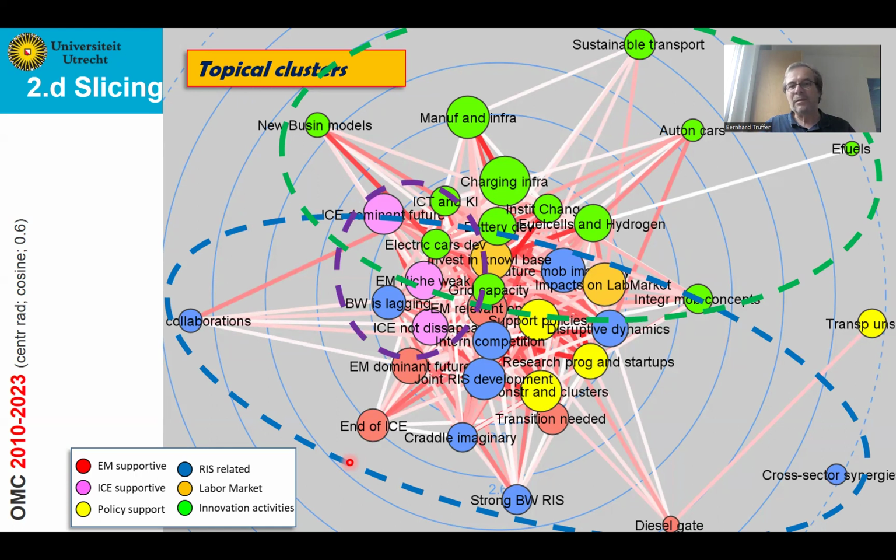We see the supportive ICE elements clustering in one corner, the EM supportive in another, and the policy parts in another. So it looks like, at least over the stretch of this whole process, if you aggregate everything, you see more of the positioning of actors or the activity of actors in different topics, which would also be natural, than any competing, connecting interactions between the storylines.